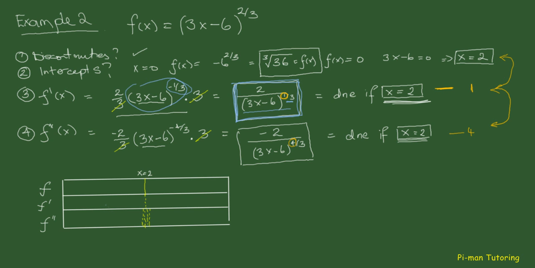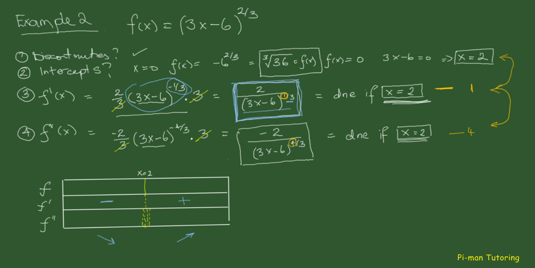So we're going to end up with a negative value in here. If x is greater than 2, then the denominator in that expression will be positive, and so our first derivative is positive on this side of 2. So we've got a slope going down, followed by a slope going up.